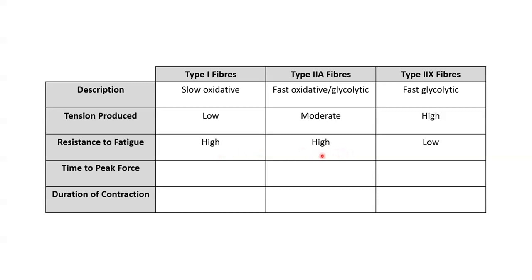Our type 2A fibres have similar, quite high levels of fatigue resistance, while our type 2X fibres have quite low levels of resistance to fatigue. These fibres can produce a high amount of force, but they can't repeat that activity very often.